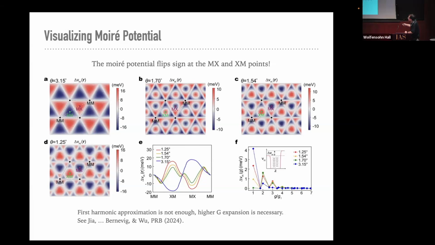Now, when you go from 3.15 degrees to 1.7 degrees, you can see that red regions start developing at XM. In other words, the pseudo-spin at the North Pole and the South Pole has flipped. And then if you go to smaller twist angles, this middle region will keep growing, and eventually it will become the dominating region, right?